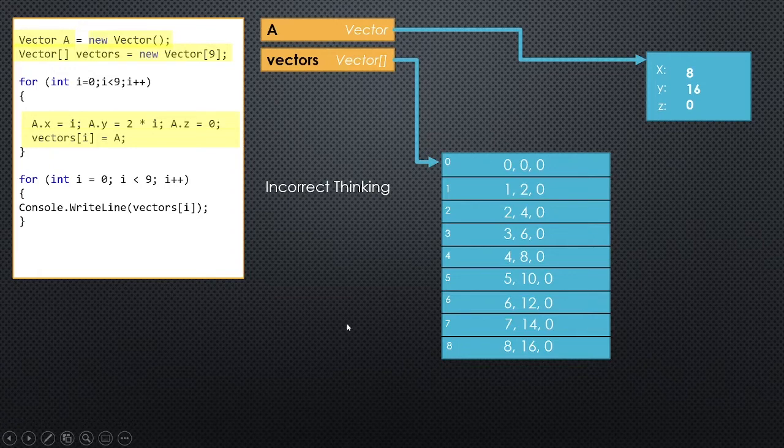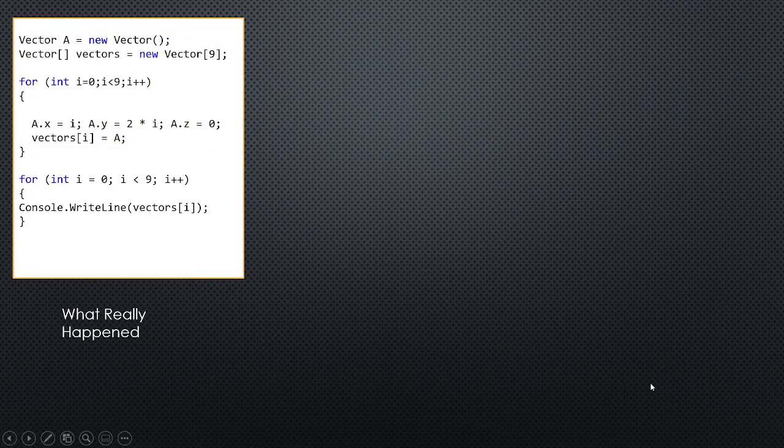The problem is that this is not the way that reference variables work. This is the way that the built-in types like int, byte, double would work. Those are usually value type variables, not reference type variables. All right, let's go through and explain what really happened in our current code to illustrate how reference variables work.